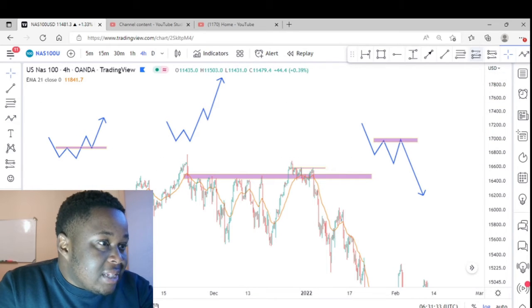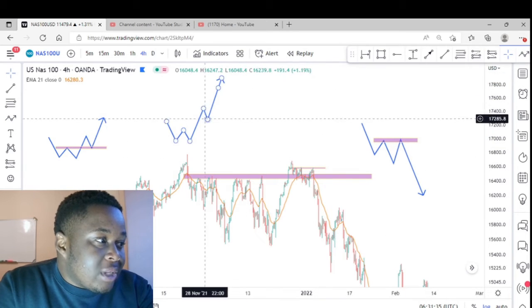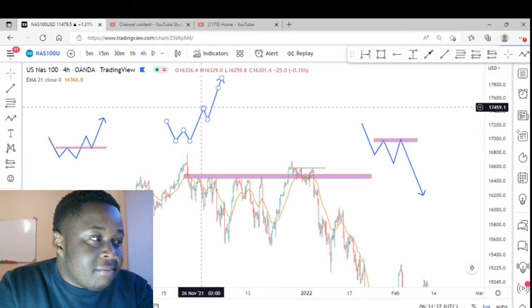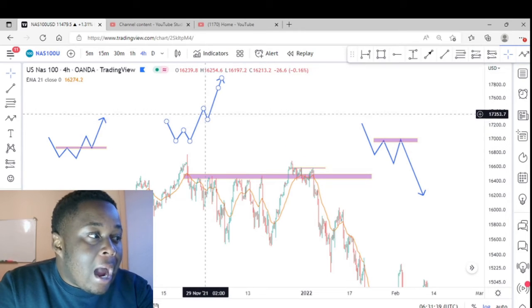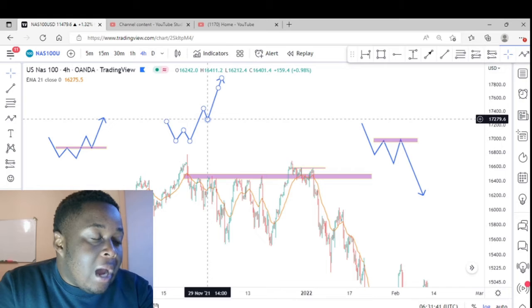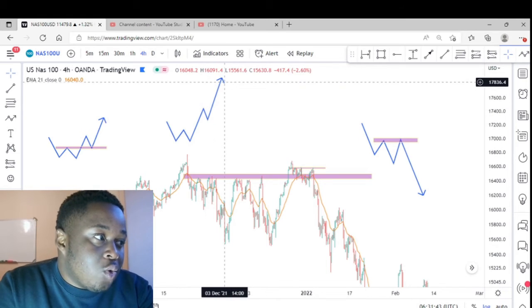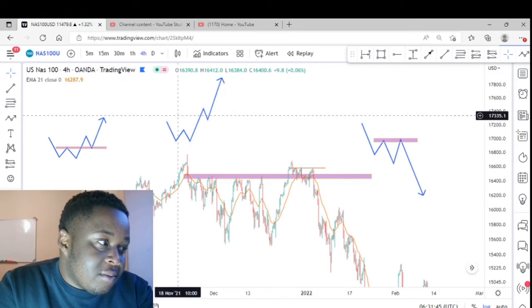This is an exhaustion. It didn't come back for the retest, but it made an exhaustion. It made a higher low, and it created a new higher high. You understand me? A double bottom.